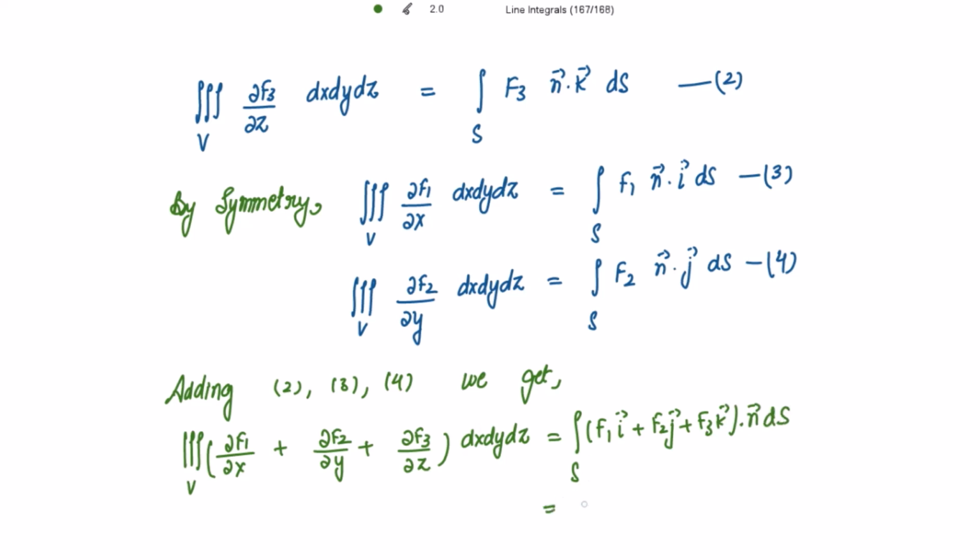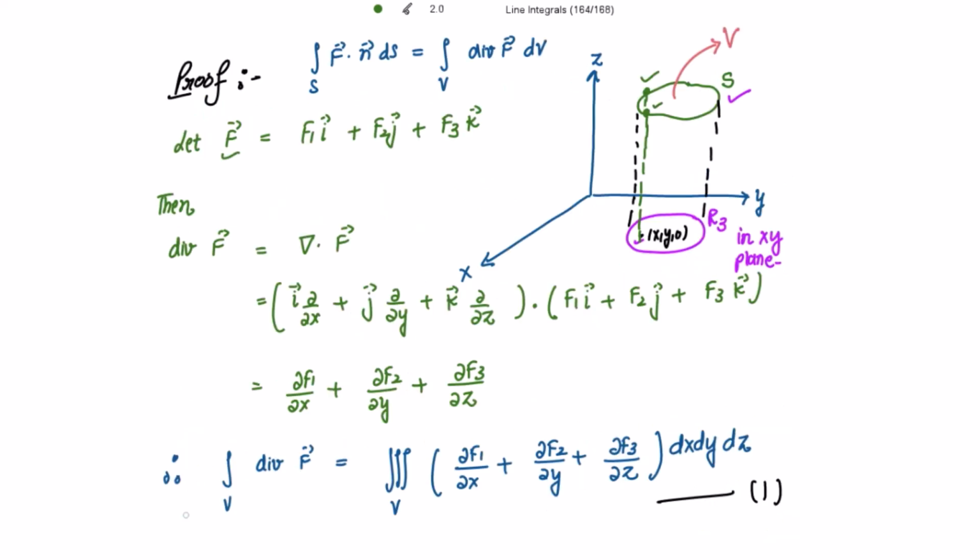This is further equal to the surface integral of F vector dot product with n vector ds. Please mark this as 5. Now using equation 1, we use equation 5 for the right hand side.